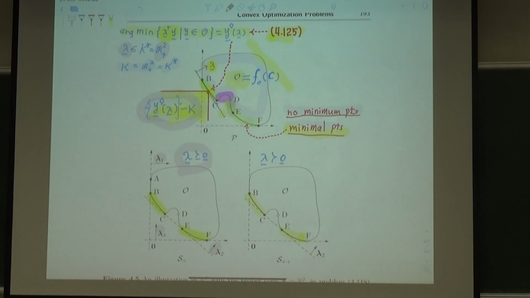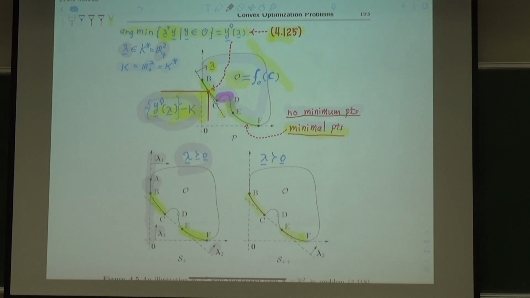Then you can recover B to C and E to F. However, you also get something wrong. From A to B, for lambda 1, the minimum points happen to be on this boundary. But from A to B, they are not. Only B, only B.